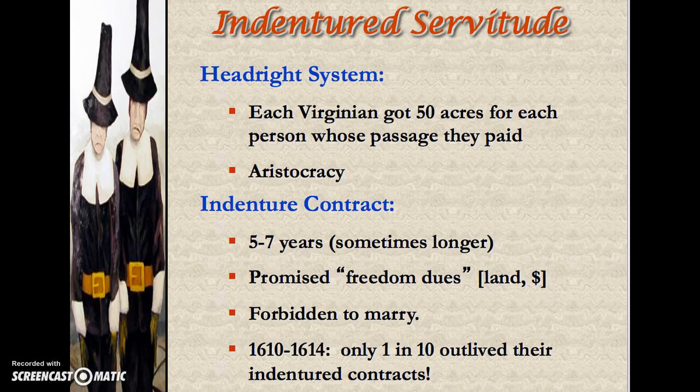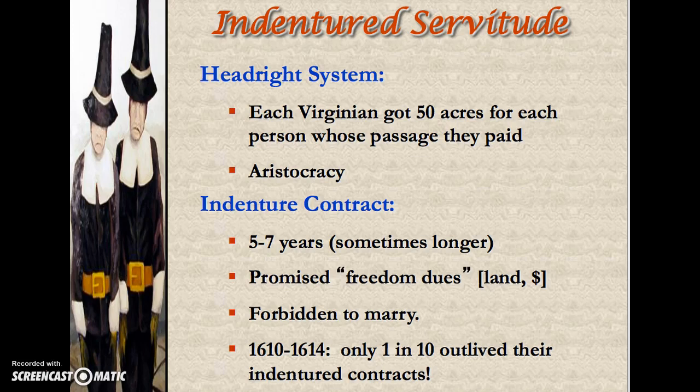They were promised at the end of their contract that they would get freedom dues. What that meant was that they would get land and they would get money. Okay, so if you were an indentured servant, you were promised land and money. But keep in mind, you were essentially a slave for however long your contract lasted.